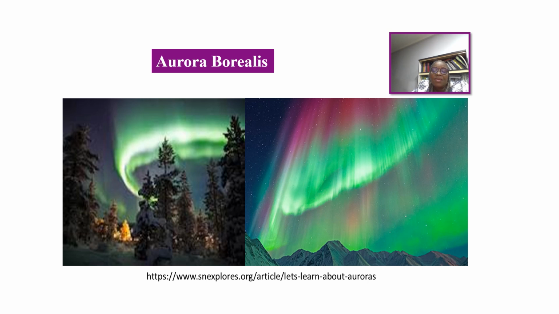The aurora borealis is visible from areas around the Arctic, such as Alaska, the Canadian territories, Iceland, Greenland, Norway, Sweden, Finland, Scotland, and Siberia. On rare occasions, it can be seen as far south as the Mediterranean and the southern states of the US.